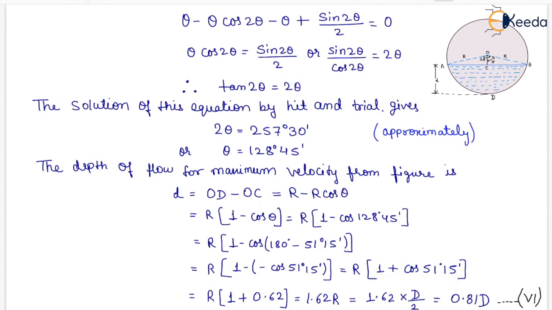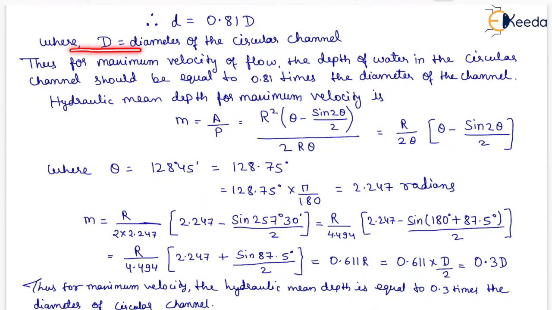On solving this, we will have 1.62 r, and putting r equals D by 2, we will have d equals 0.81 capital D, that is the sixth equation, where D is the diameter of the circular channel. Thus, for maximum velocity of flow, the depth of water in the circular channel should be equal to 0.81 times the diameter of the channel.